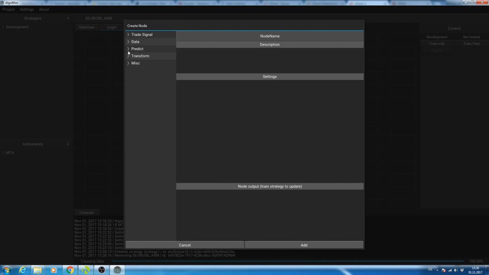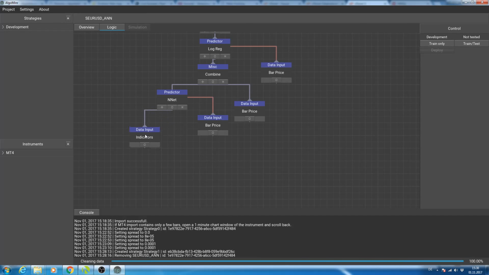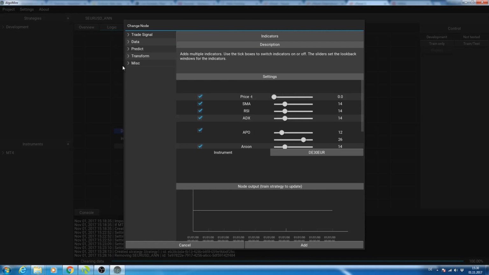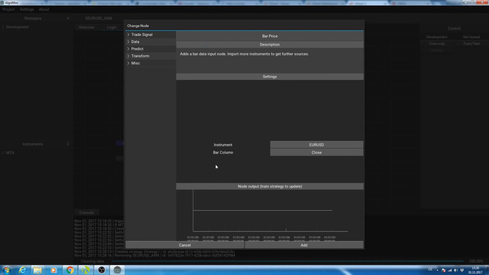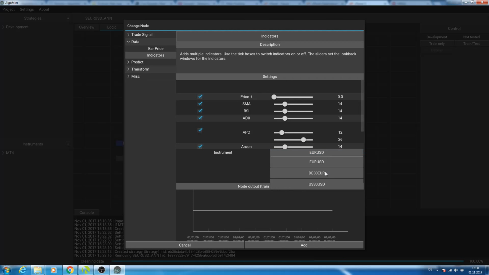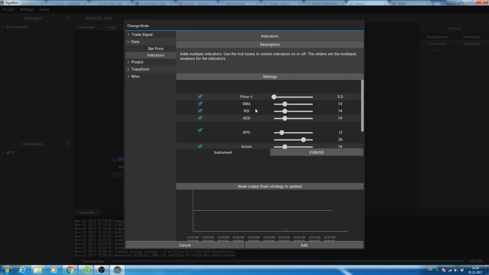And I'm going to add the indicators for the German 30, and let's also add the indicators for the German top 30 and the indicators for the US top 30.